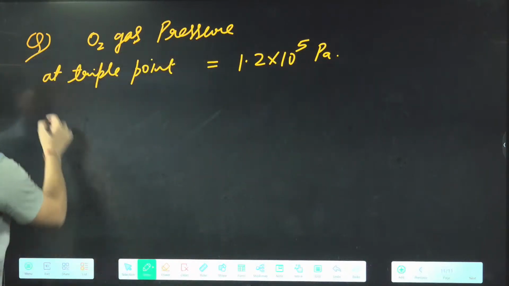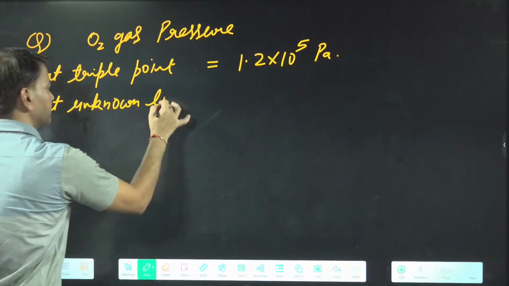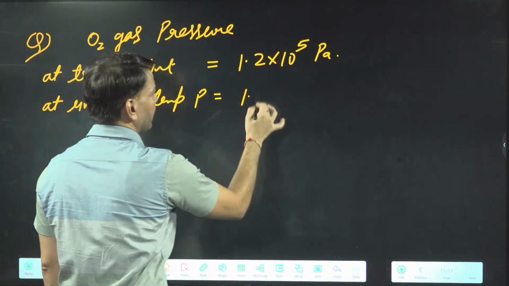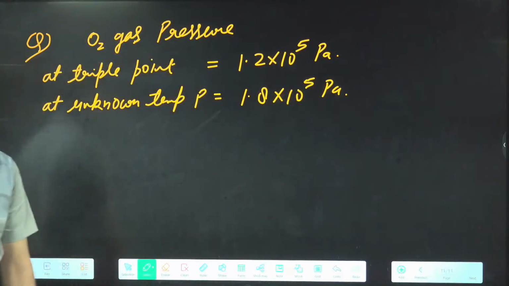At unknown temperature, pressure is equal to 1.8 into 10 to the power 5 Pascal. Then find the unknown temperature.